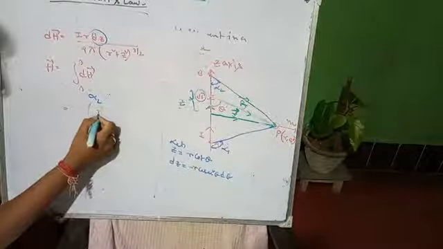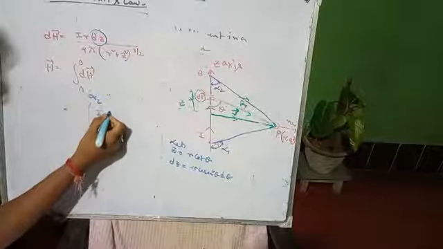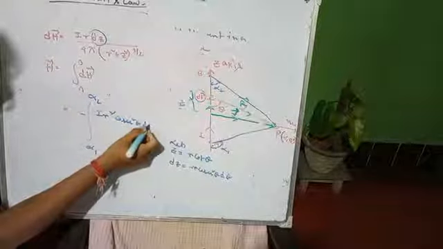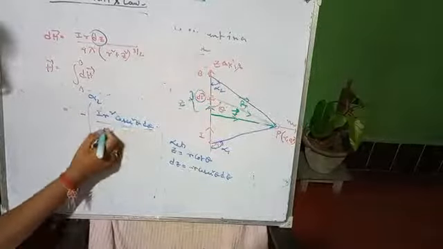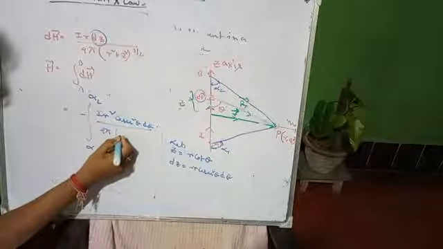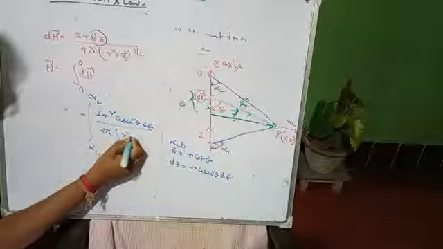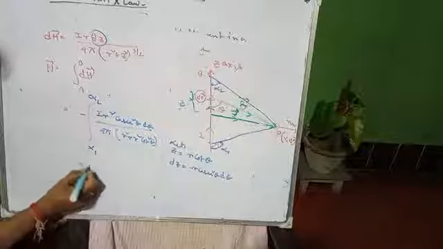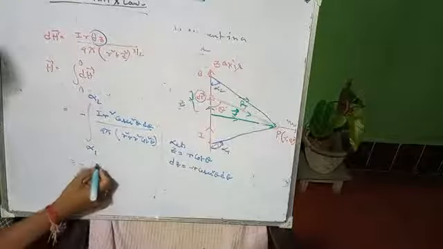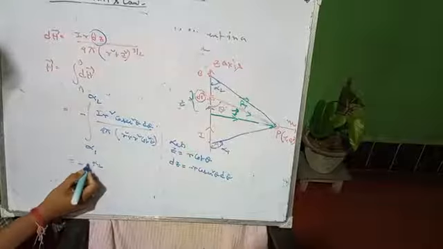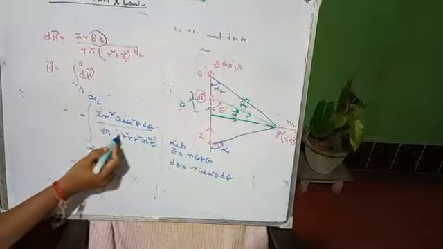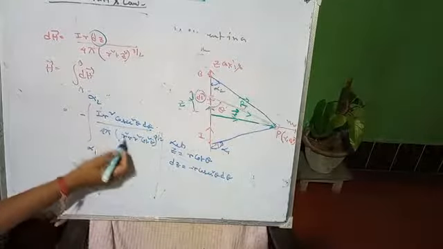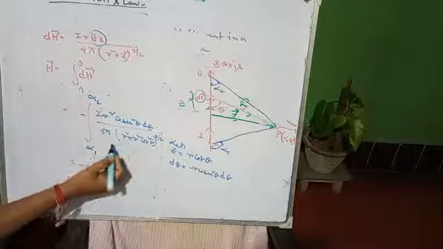So I r square with a negative sign, cosec square theta d theta, divided by 4 pi root over of r square plus r square cot square theta. Taking r square common, to the power 3 by 2, it becomes r cube.